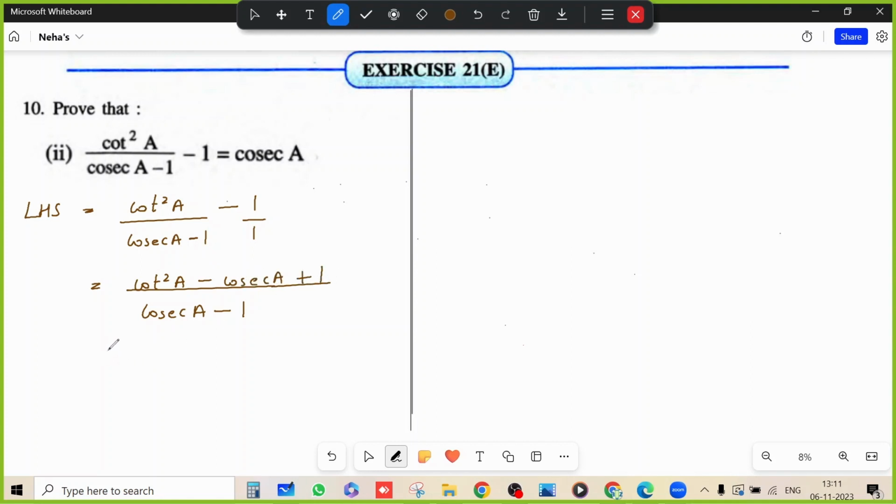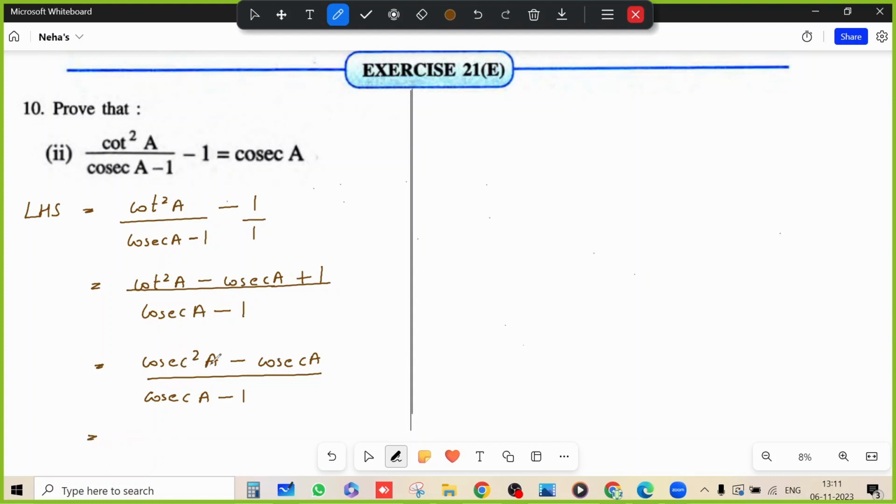plus 1. Now cot square A plus 1 is equal to cosec square A. So this can be written as cosec square A minus cosec A, and this is divided by cosec A minus 1. Now this is because cot square theta plus 1 is equal to cosec square theta, and we have applied the trigonometric identity here.